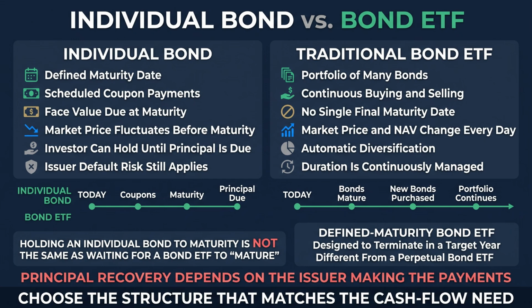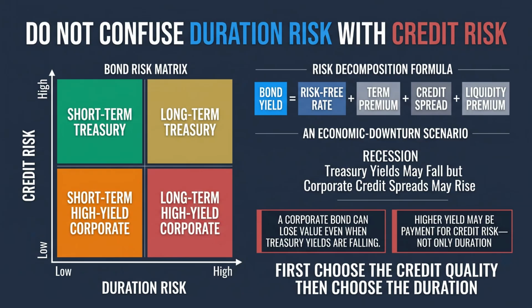But before choosing an individual bond or ETF, investors must separate two risks that are often combined incorrectly. Duration risk and credit risk are not the same thing. Duration risk measures sensitivity to changes in interest rates. Credit risk measures the possibility that the issuer may fail to make interest or principal payments as promised. A short-term Treasury generally has low credit risk and low duration risk.